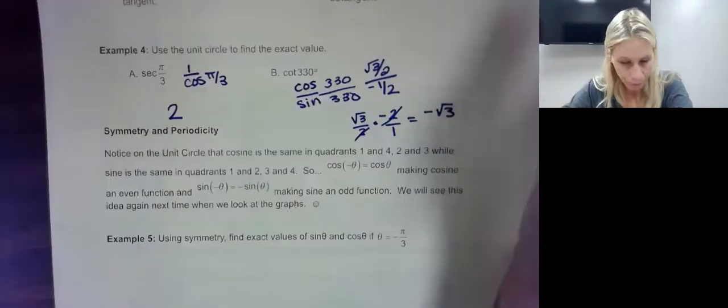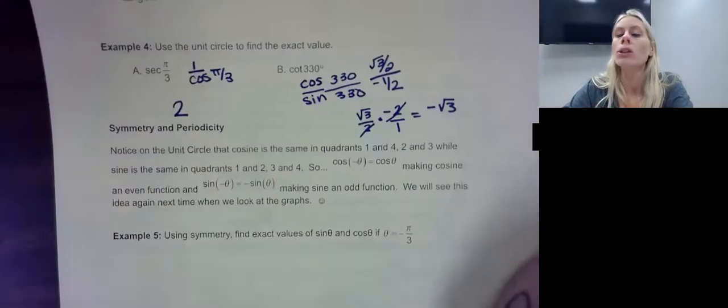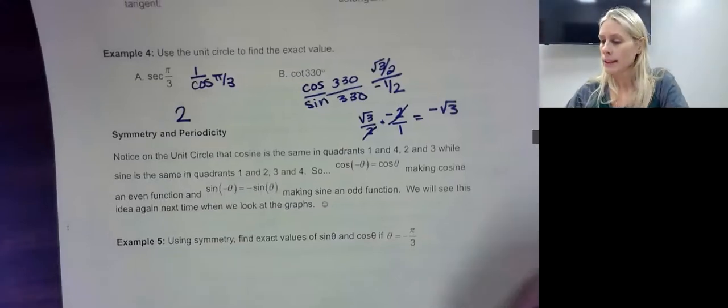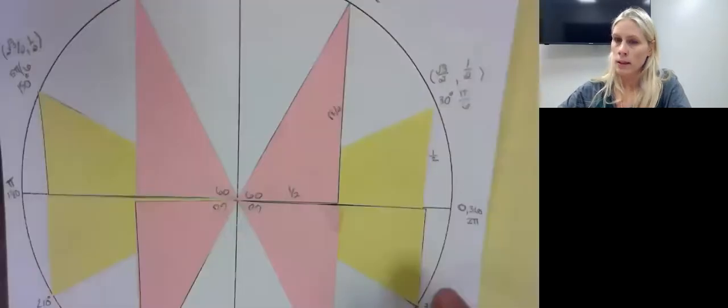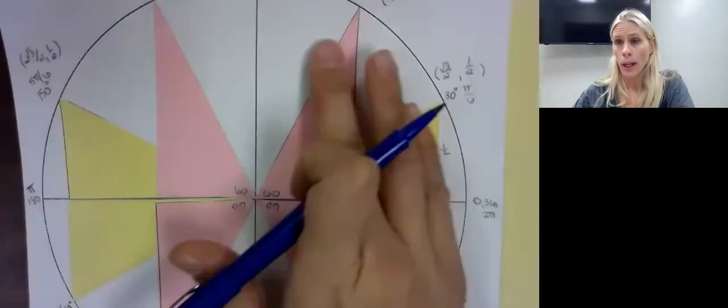Now we can see a little bit of a pattern here. Notice in the unit circle that cosine is the same in quadrants 1 and 4, and in 2 and 3, right?